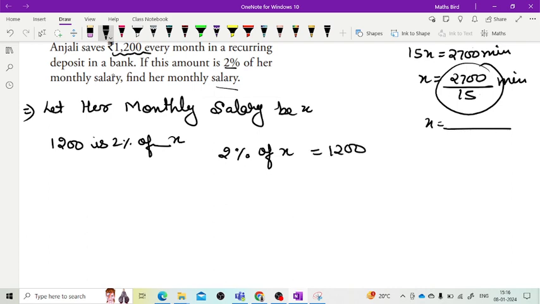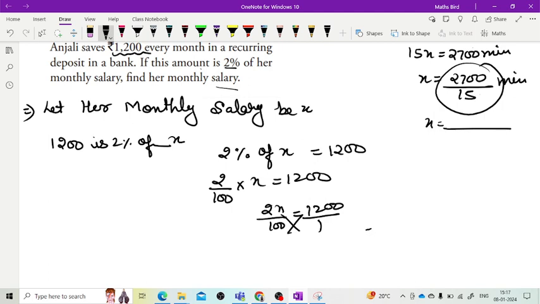That is what they are saying: if this amount, this 1200 amount, is 2% of her monthly salary. Her monthly salary is x, so 2% of x is given as 1200. Same thing, 2 by 100, of means multiply, x is equal to 1200. 2x by 100 is equal to 1200 by 1.